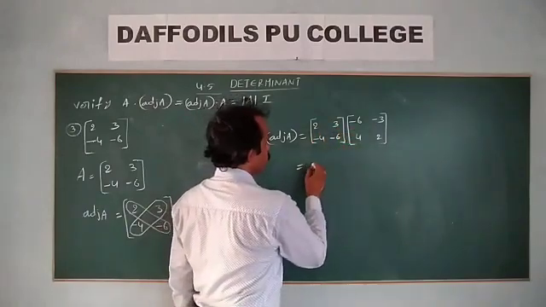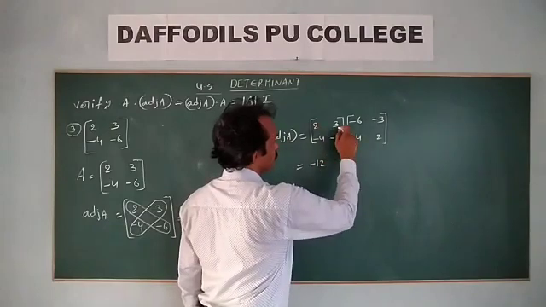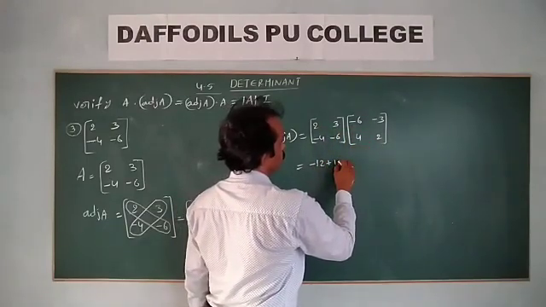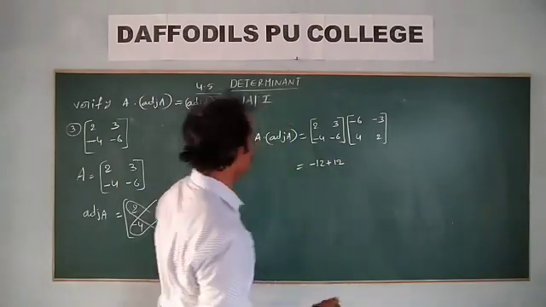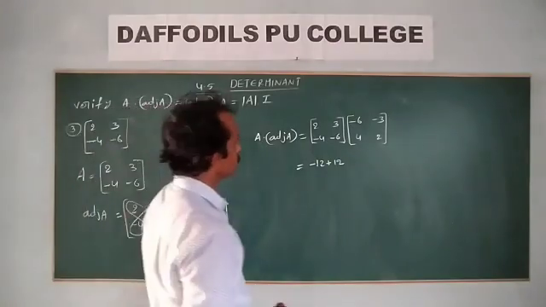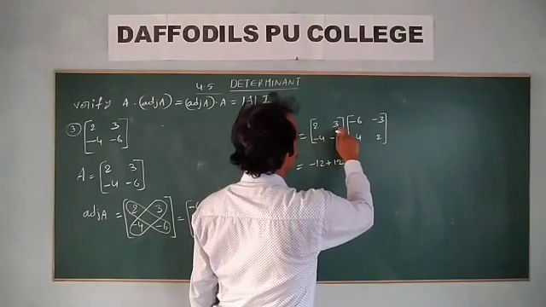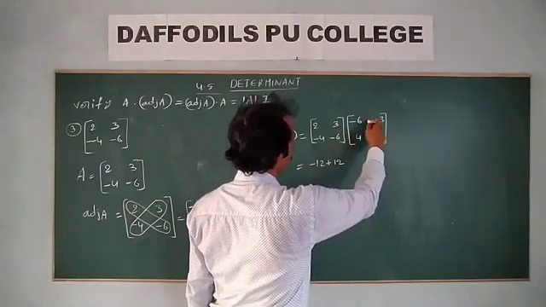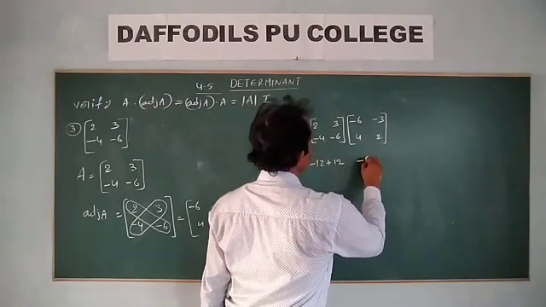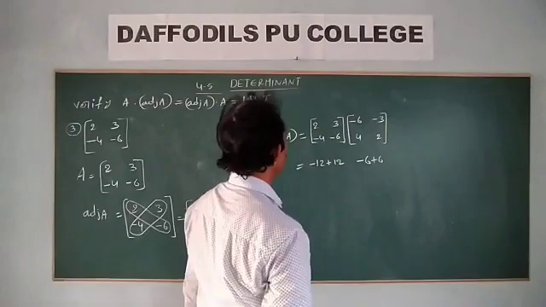First row, first column: 2 into minus 6 is minus 12, 3 into 4 is plus 12. Next term: 2 into minus 3 is minus 6, 3 into 2 is plus 6.